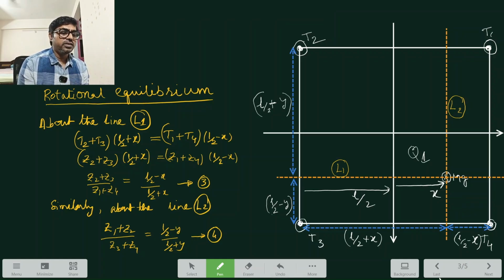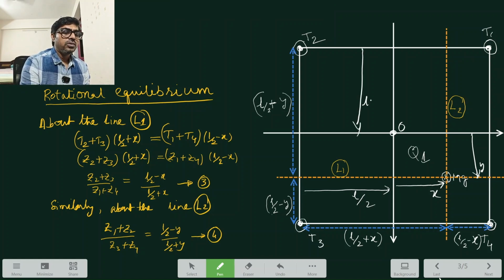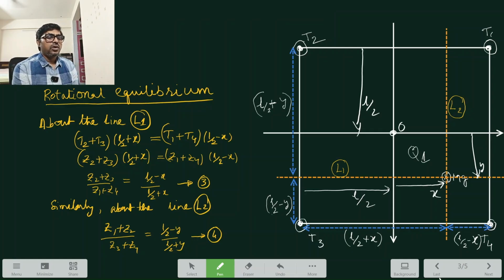Similarly in the y direction, this is y for you, because this is the origin, and this distance is L by 2. So L by 2 plus y would be the other distance from L1. In the same way you can calculate L by 2 minus y. So we got the distances of the lines from either edge.